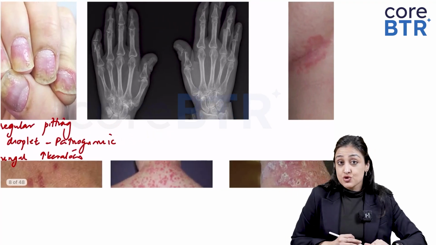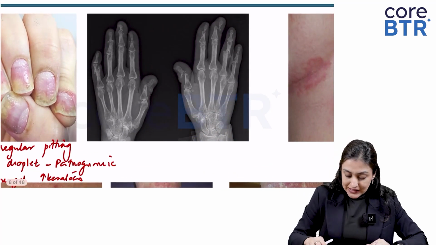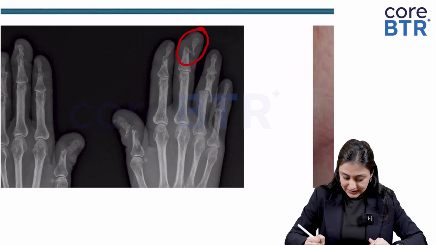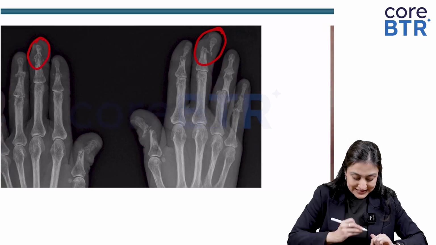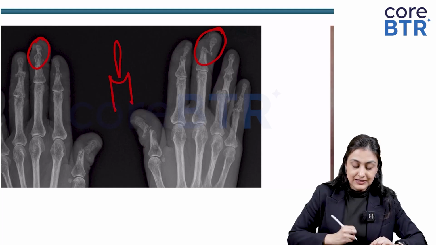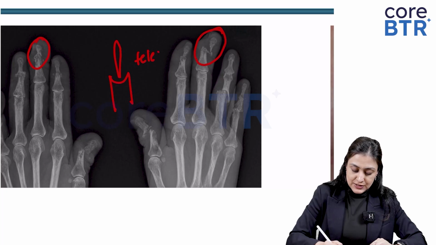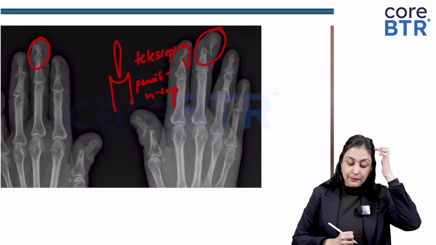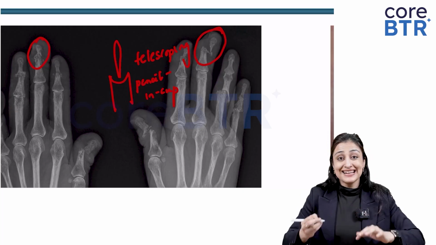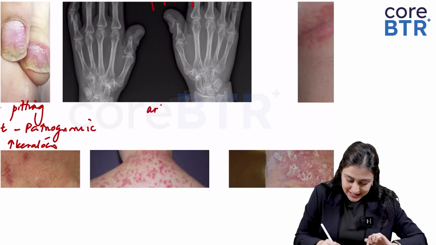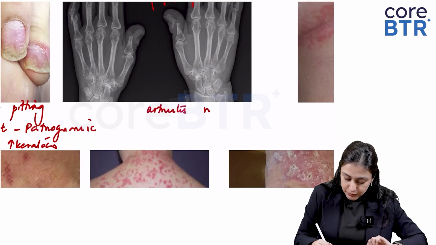All right, so these are nail changes. You can also see joint involvement, psoriatic arthritis, very important. What is the hallmark? You will see gross destruction. Can you see how there is complete destruction of the phalanges? And what is this appearance called? This is called telescoping or pencil in cup. Sometimes the joints may be so severely damaged, it's also called arthritis mutilans.